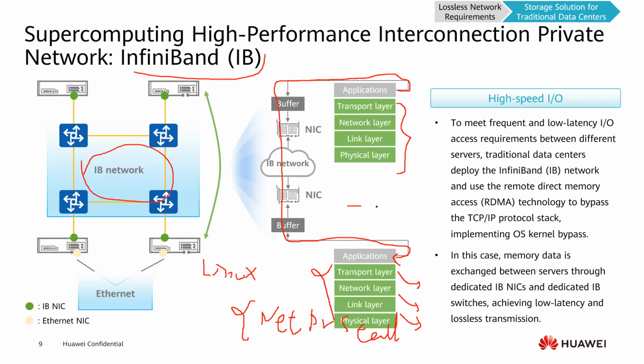In this way, the forwarding latency is very low. Memory data is exchanged between servers through a dedicated IB NIC. It means the server has a special IB NIC, and the switch is a dedicated IB switch, achieving low latency and lossless transmission.